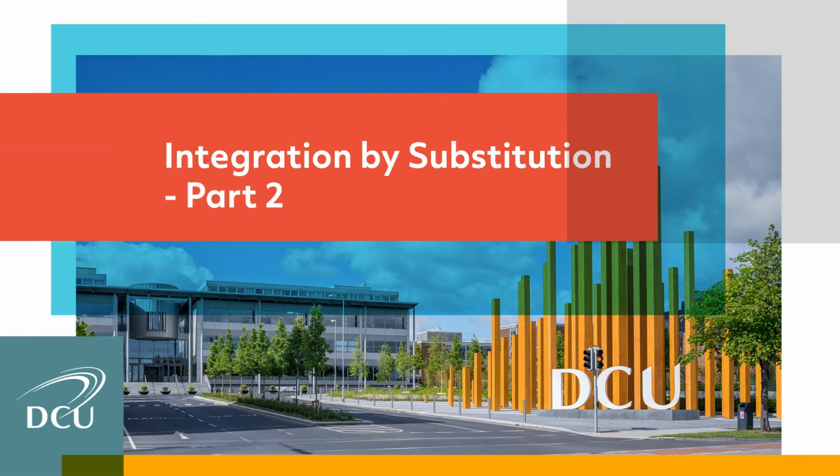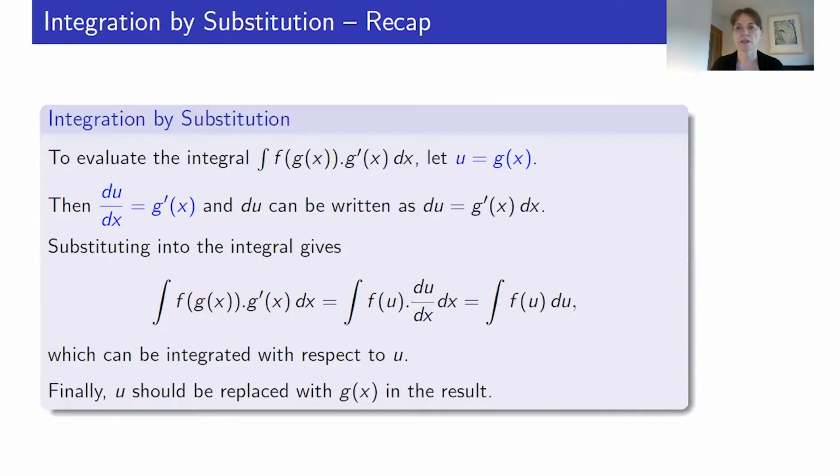Hello everybody. In this video we're going to continue to look at integration by substitution. Here we have a recap on the method or the technique of integration by substitution. What we want to do here is evaluate an integral whose integrand is of the form of a composition of functions, f of g of x, multiplied by the derivative of the inner function, g prime of x.